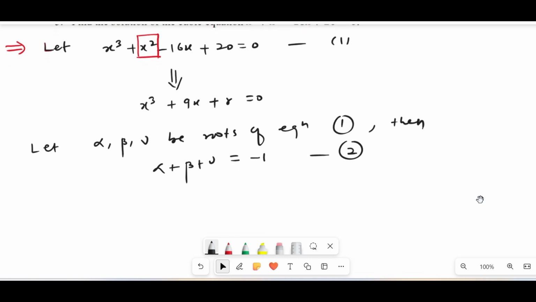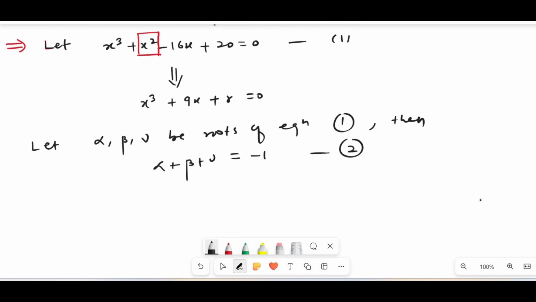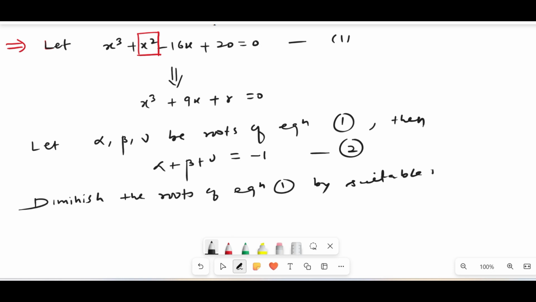So now further we need to diminish the roots of equation 1 by a suitable number, that is h.